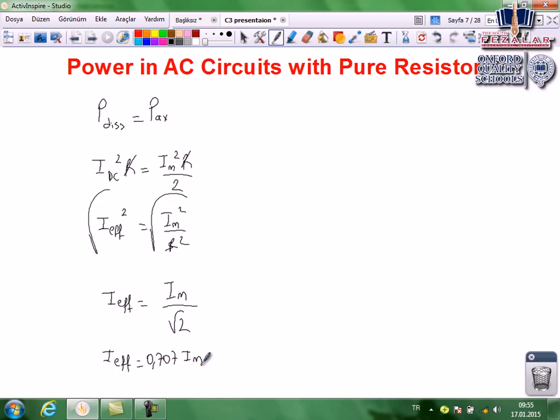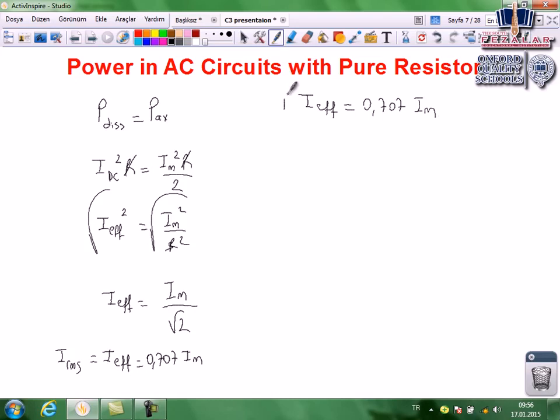Also, I effective can be called the root mean squared of current. I effective, we said, equals 0.707 times I maximum.